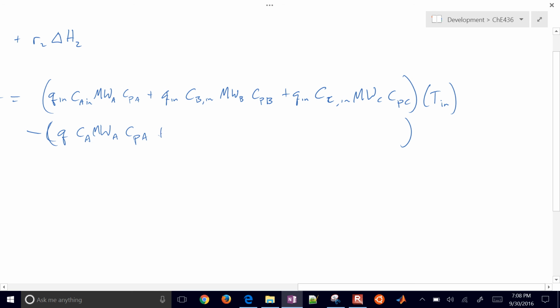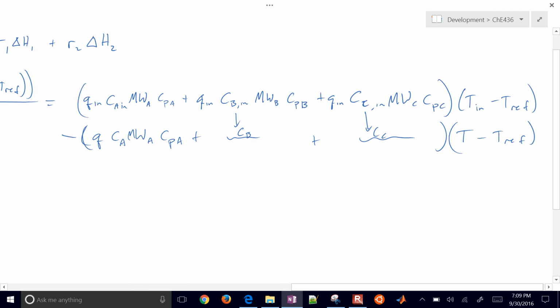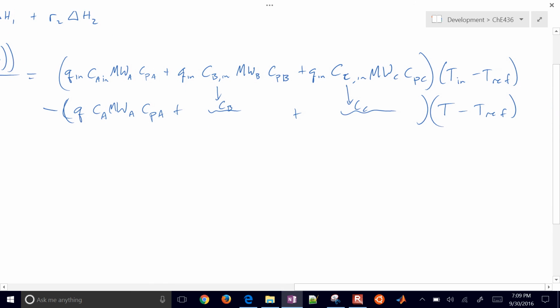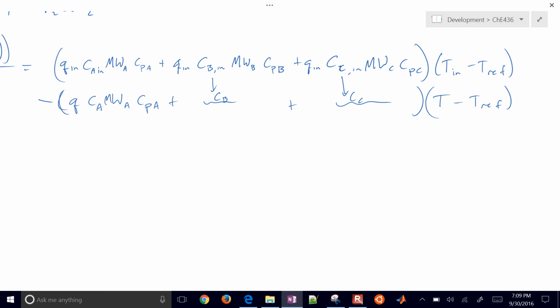So you'll do the same thing that I did here and here, but this will be multiplied by T. I think we have to do the T minus T ref now because they're not going to be able to be subtracted. But just replace this with CB and CC right there. So that's our outlet enthalpy, flowing out with the outlet stream.